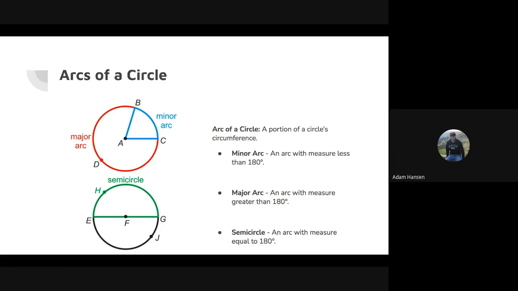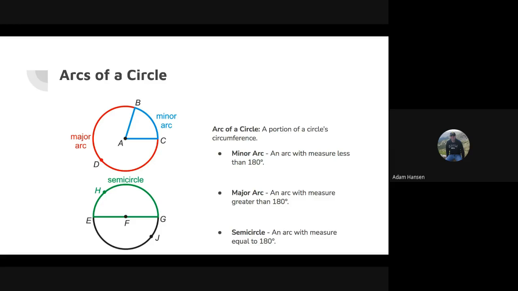From B to D back to C. If you're going to name a major arc, don't you have to tell the reader to go the long way? So you need an extra letter. From B back to D around to C. That's a major arc because it's going to take up more than 180 degrees, more than half. A minor arc is less than half a circle, a major arc is more than half a circle.